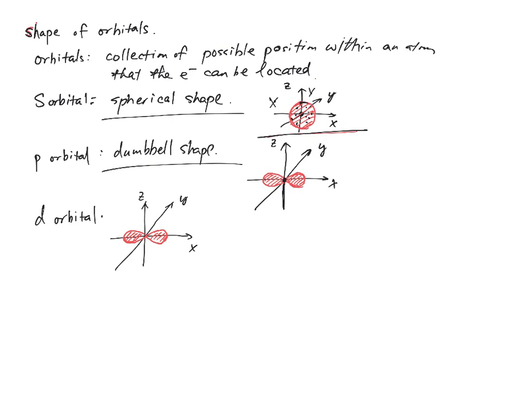This is not the complete d orbital yet. This is one of the d orbitals. The shape of a d orbital looks like a double dumbbell, with the two dumbbells 90 degrees to each other, forming this clover type of shape.